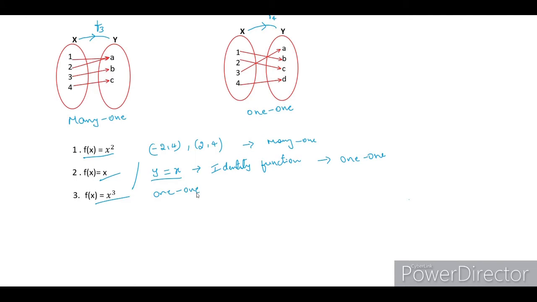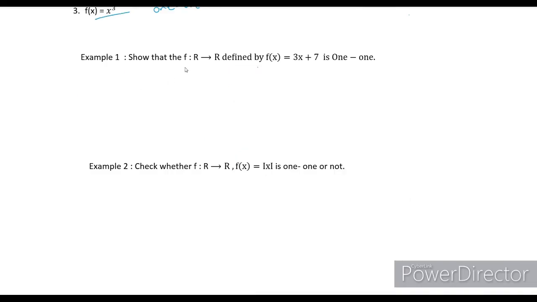If you know the curve, you can easily find out whether it is 1, 1 function or not. I have an example here. Show that the function f from R to R is defined like this is 1, 1. We are understanding with the help of this sum how to check whether the given function is 1, 1.